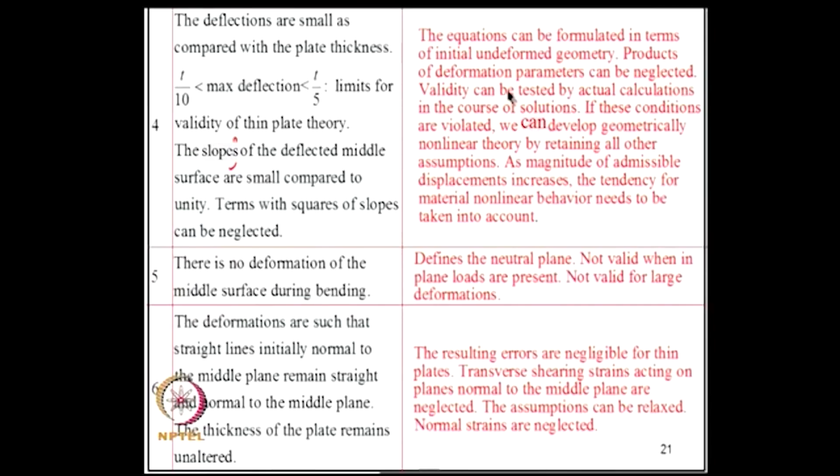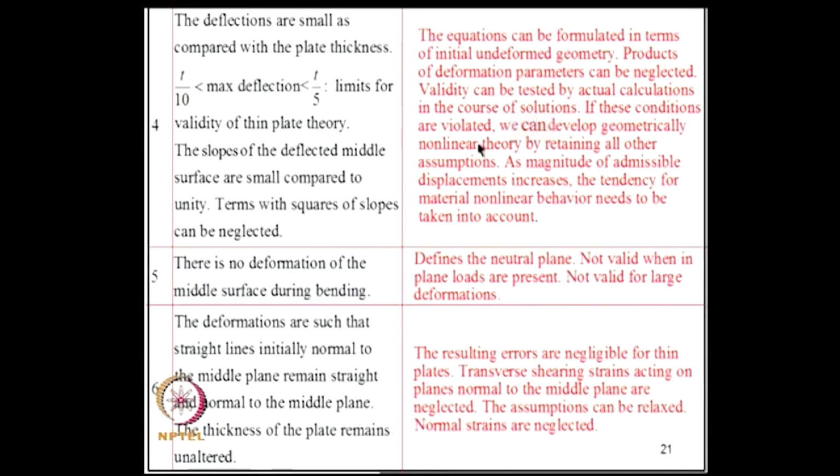If you make these assumptions and carry out a computation, you can test the validity of these assumptions by actually performing the calculations of squares of displacement terms, products of slopes and things like that. For example, the terms that we have ignored in the strain displacement relations, we can compare with the terms that we have retained and see whether they are indeed small or not. So, it is possible to check a posteriori if these assumptions are met or not.